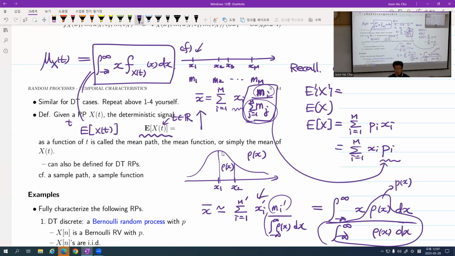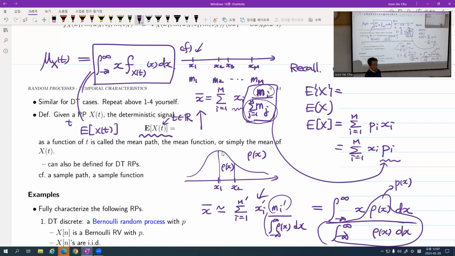A discrete time signal mu sub capital X of square bracket n, right? Got it? So now you know what is the expected value of a random process, whether it is discrete time or continuous time. Got it? And okay, we have defined that.